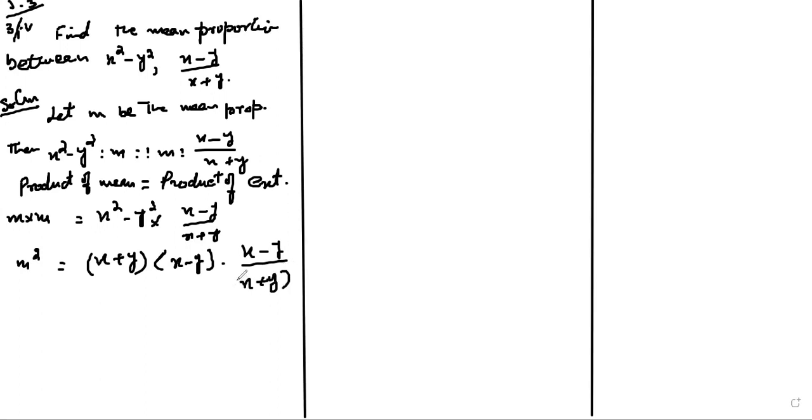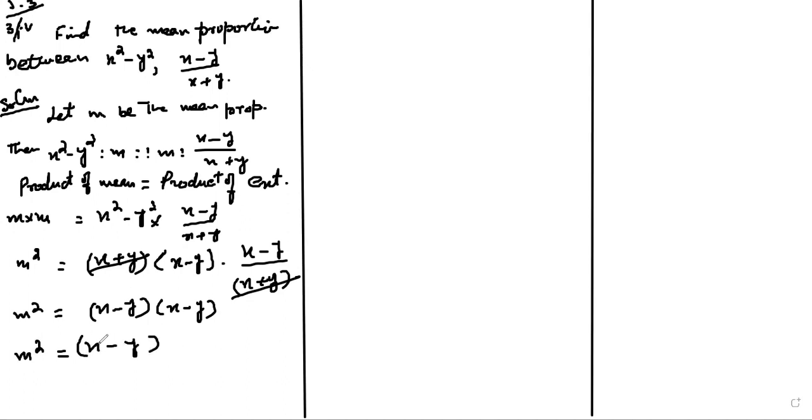Now this factor cancels with this factor, and we have m square equals x minus y times x minus y. Means m square equals x minus y square.